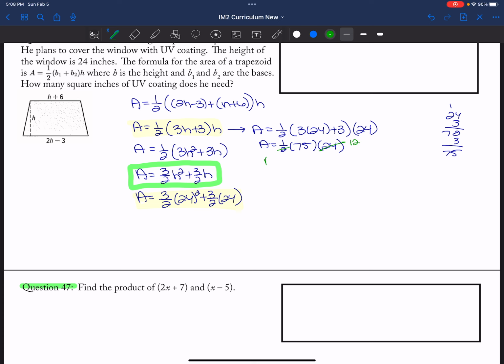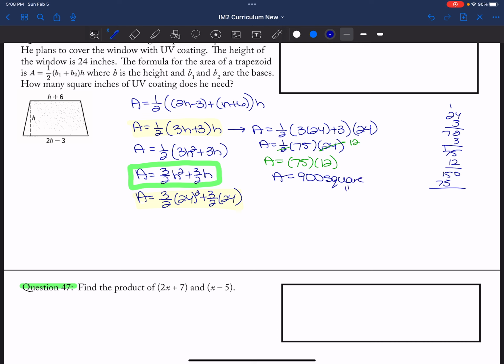So then really my area is 75 times 12, which is a little bit easier arithmetic-wise to manage. So 75 times 12 is 900. So the area is equal to 900 square inches.